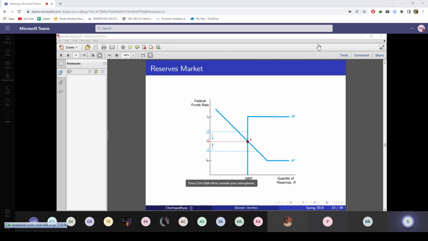In India it is zero. The Reserve Bank does not encourage commercial banks to hold excess reserves. Before the 2007-2008 crisis, even the US Federal Reserve did not encourage commercial banks of the US to do it.